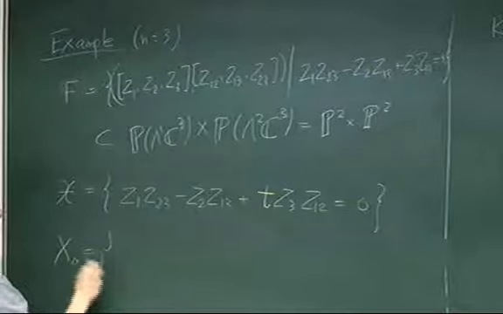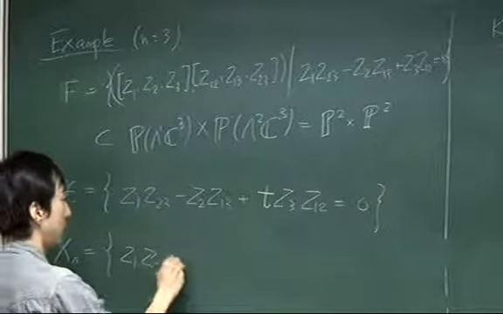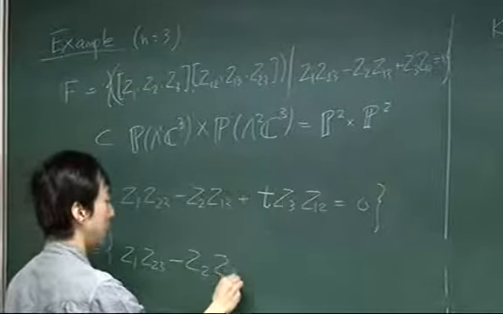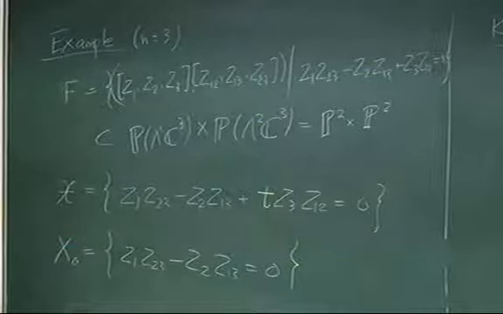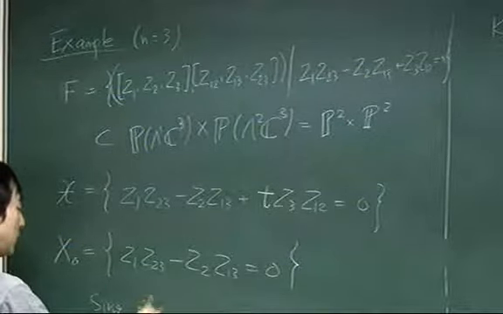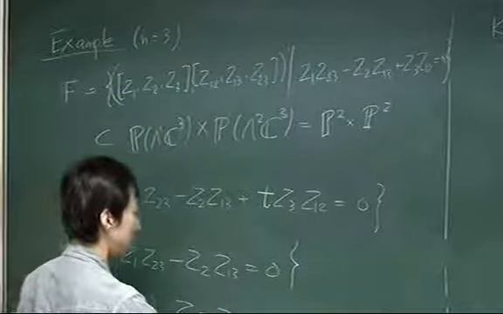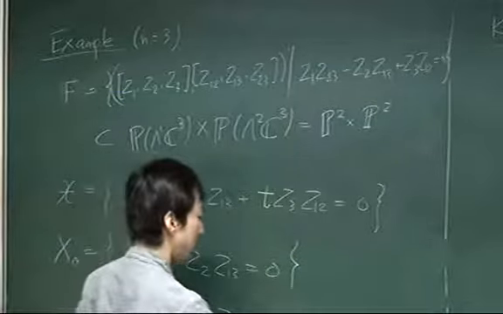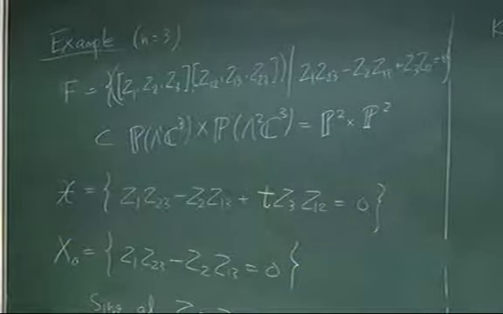And if T is equal to 0, this is given by this binomial relation, and this is singular at Z1 = Z2 = Z23 = Z13 = 0. And this corresponds to the vertex.